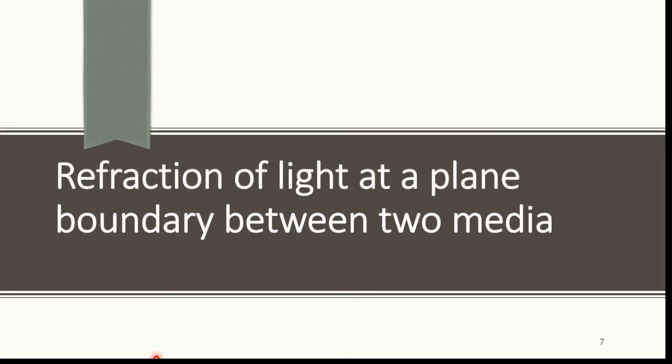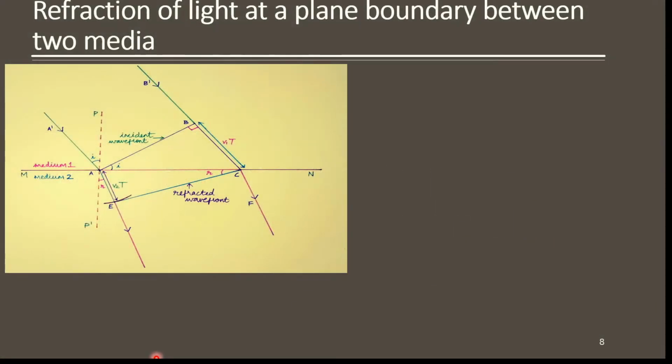Let us discuss refraction of light at a plane boundary between two media. Look at the figure. MN is a plane refracting surface separating two media, medium 1 and medium 2.